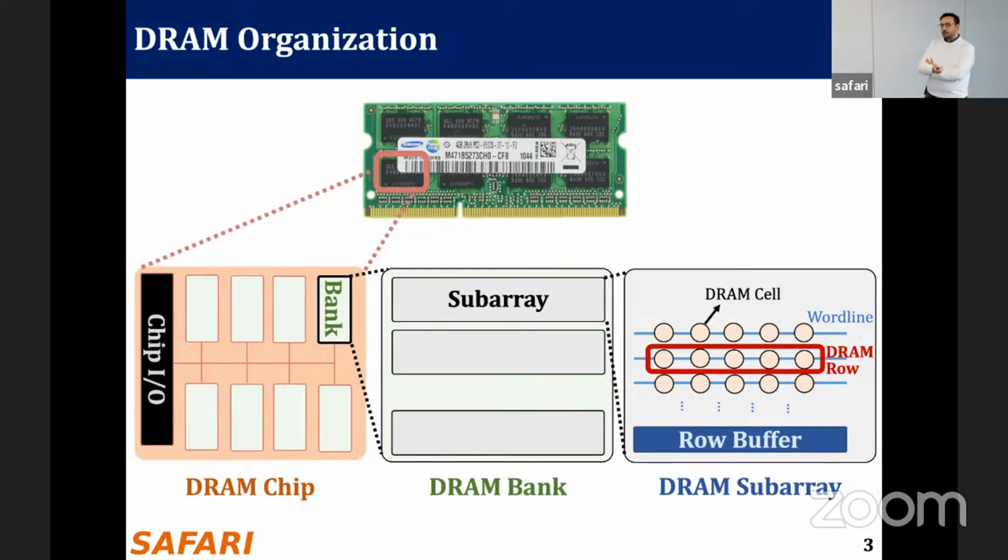To access a DRAM row, we use a wire called the word line. When we assert the word line, the cells in the row are connected to bit lines, which connect them to the row buffer, and then we can access data from the row buffer.